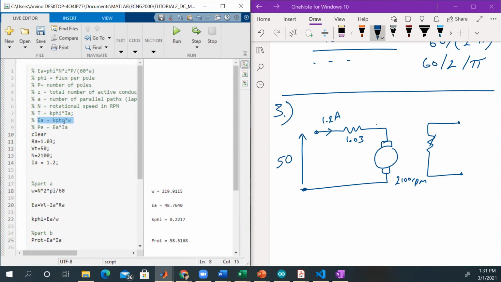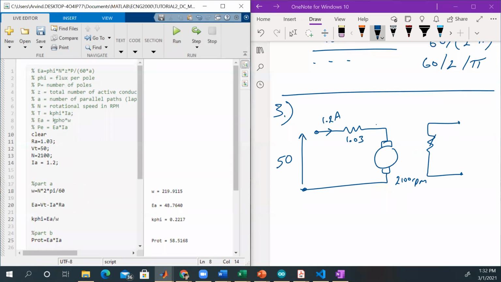We want to find K phi. So the easiest thing for us to do, we can use either one of these equations, but the easier one to use, because the easier thing to get is this voltage rather than working towards the torque. So we're going to use this equation to get K phi.